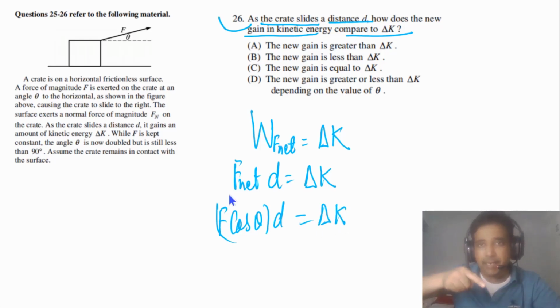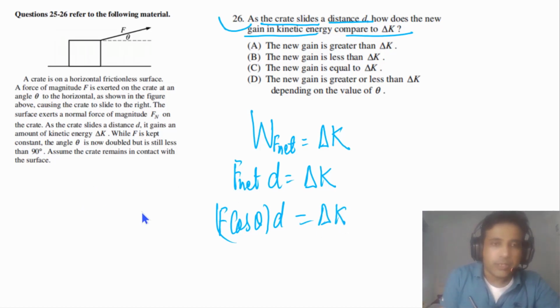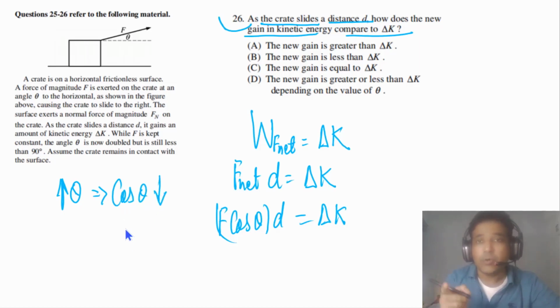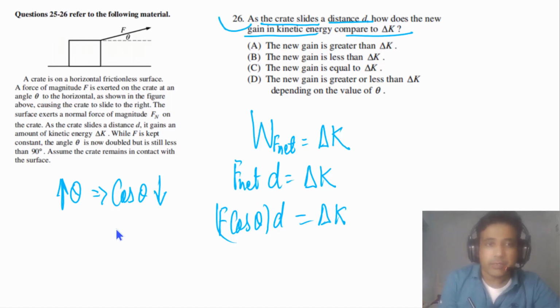As the angle increases, if theta increases, then cosine of theta will decrease, because cosine of theta is maximum, equal to 1, when theta is equal to 0.